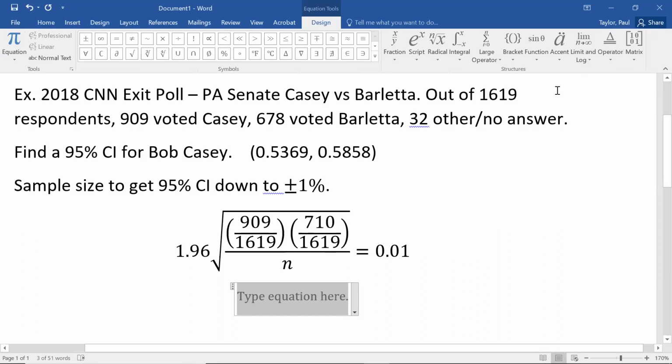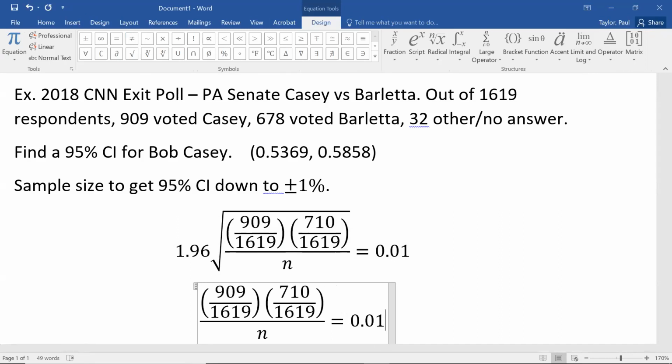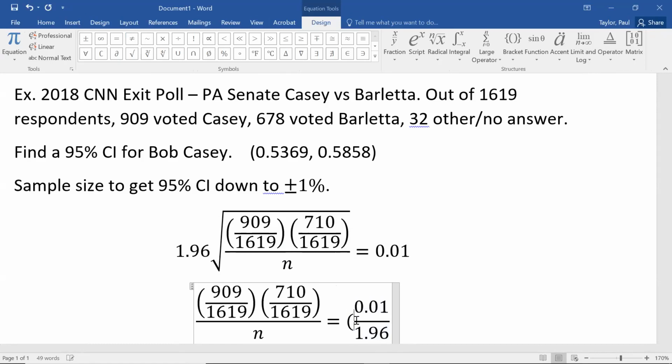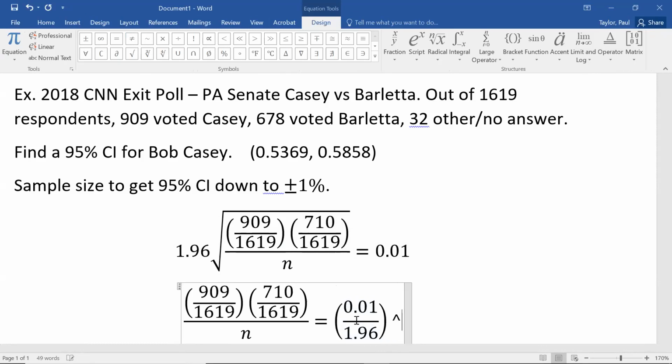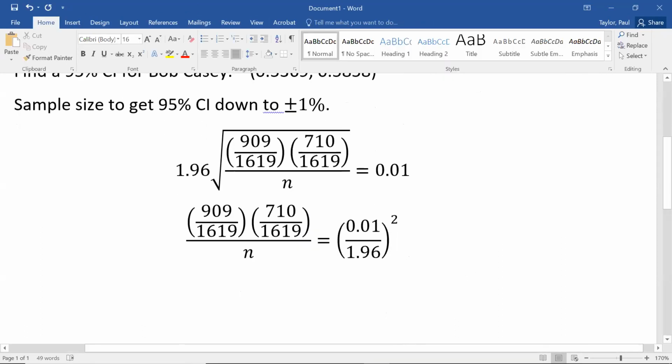Okay, so I am going to try to isolate my n here. Let's take this 0.01, divide the 1.96 over to the right side, and then we need to get rid of the square root, so we'll square both sides of this. And then we'll flip everything over.